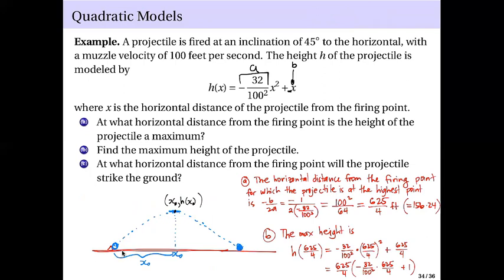For letter C, the question is, what is this distance, from this point to this point? Let me write this as x sub f, the final distance. The height is equal to 0 because it's on the ground. So we need to find x for which h of x equals 0.